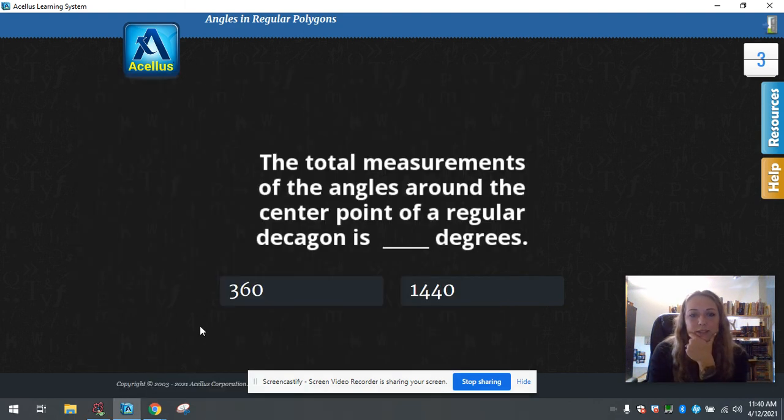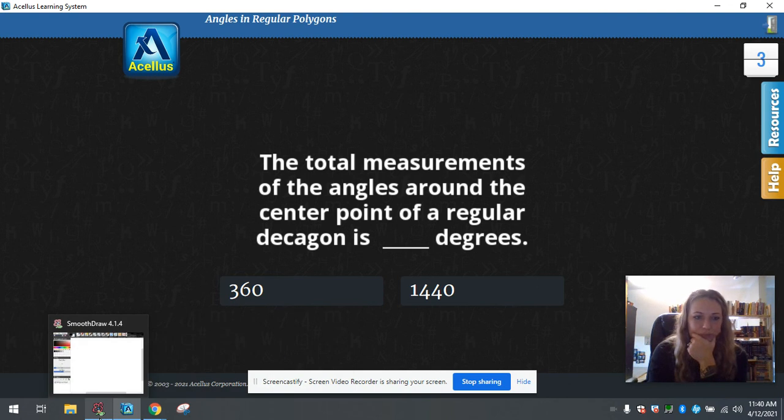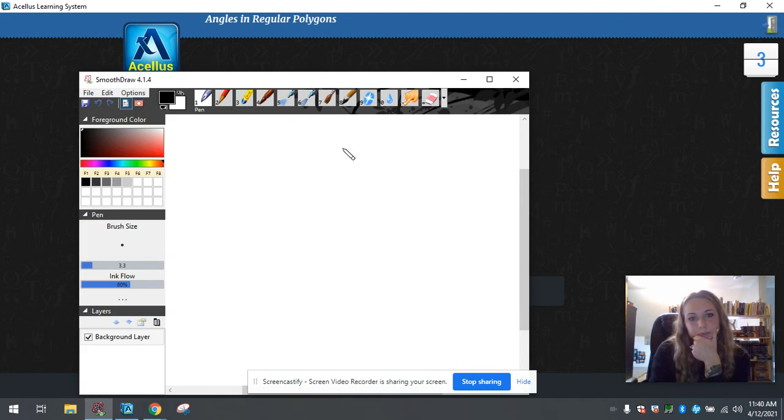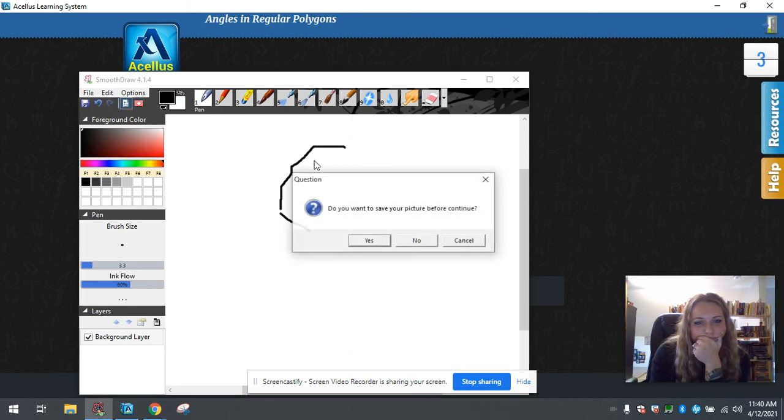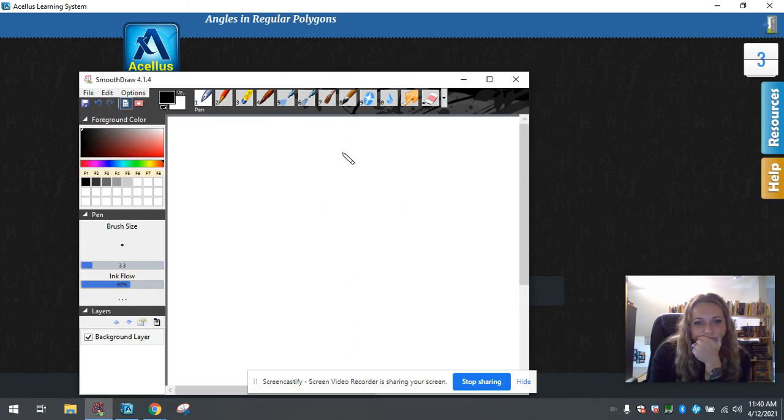If we had a decagon, that's a 10-sided shape, let's see if I can draw this. 1, 2, 3, 4, 5, 6, 7, 8, 9, 10.